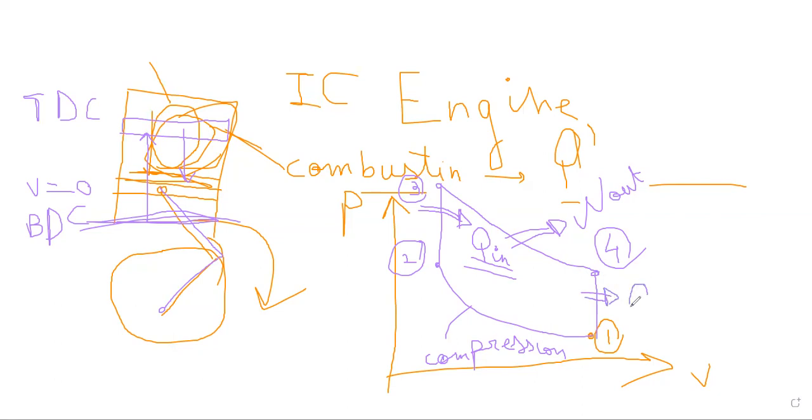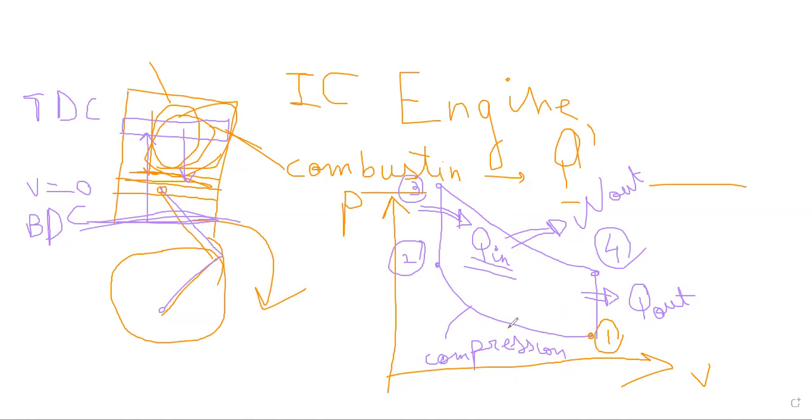So this is a very simple system where I have exchange of heat and work with the surroundings. And we'll learn together that from the analysis of such diagrams, we can come up with calculation of the efficiency of the system and then study different types of engines.